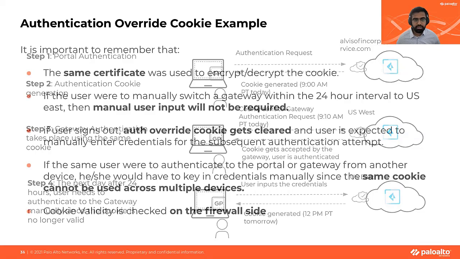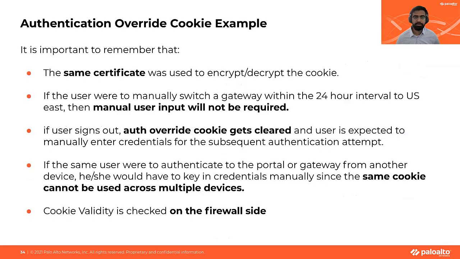So in this example, it's important to remember that the same certificate was used to encrypt and decrypt the cookie. If the user were to manually switch a gateway within the 24 hours interval to US East or any of the other gateways that are present in a customer deployment, then the manual user input will not be required.